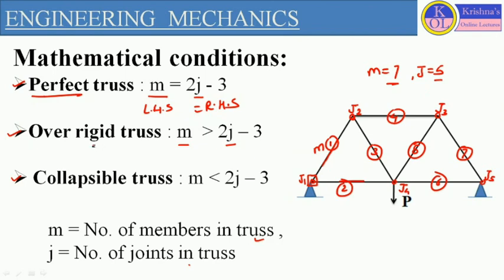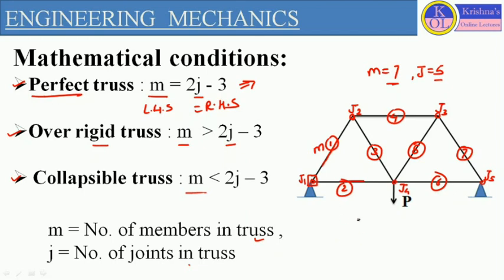Similarly, we put the values of m and j, and if m is less than 2j minus 3, that truss will be a collapsible truss. The most preferable truss is the perfect truss.